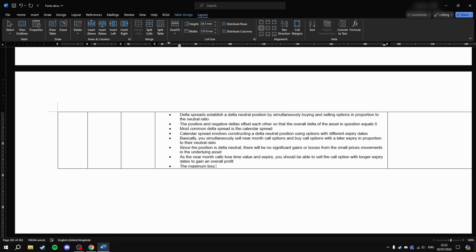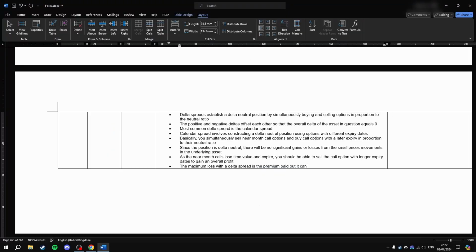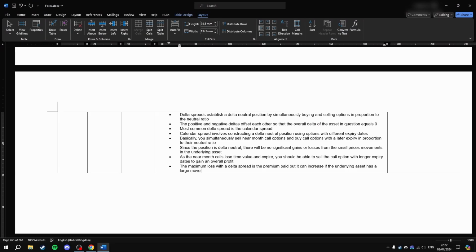The maximum loss with a delta spread is the premium paid, but it can increase if the underlying asset has a large move and the delta of the option changes.